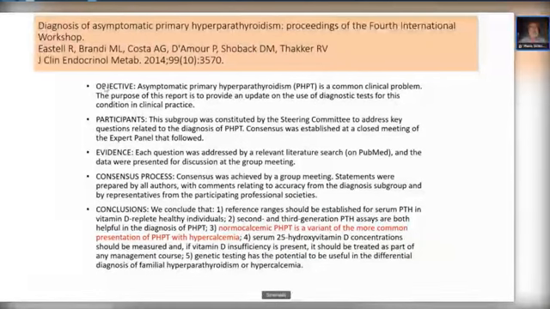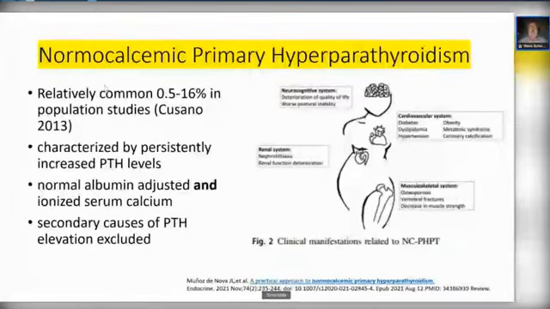The situation has been made more complicated by the recognition that there is also another form of primary hyperparathyroidism that is normocalcemic, here in red. Normocalcemic primary hyperparathyroidism is a variant of the more common primary hyperparathyroidism with hypercalcemia. In the next slide, I show you some of the complications.